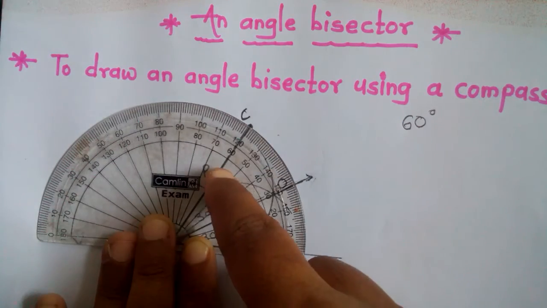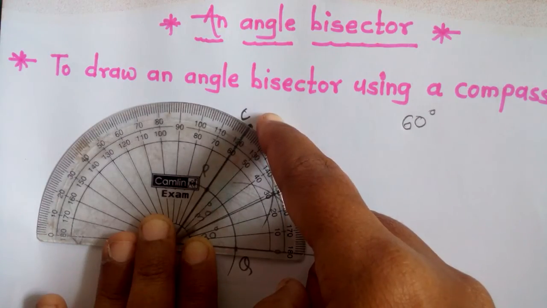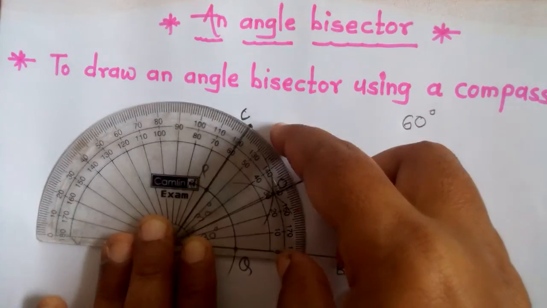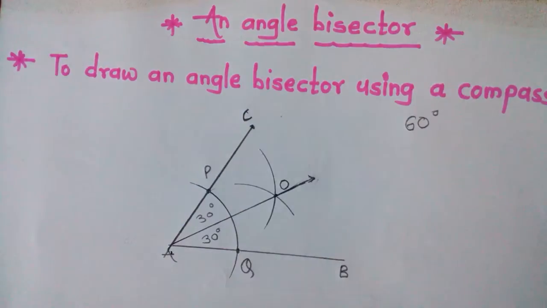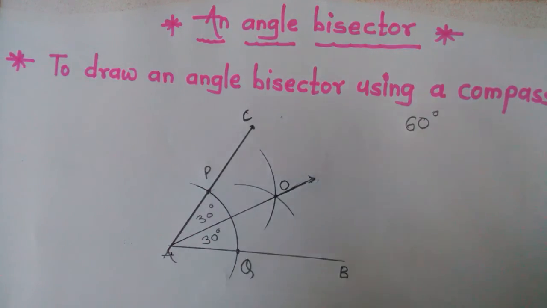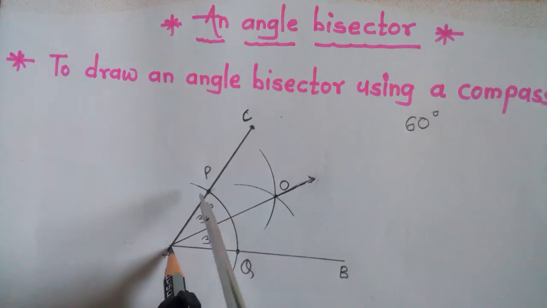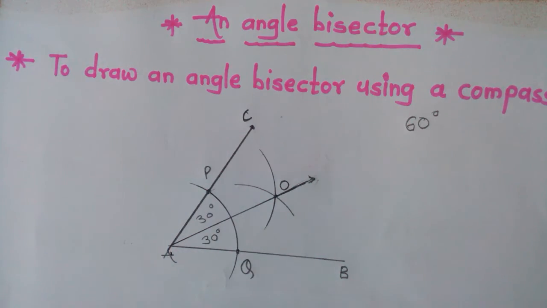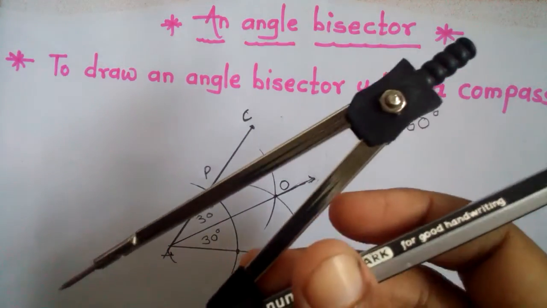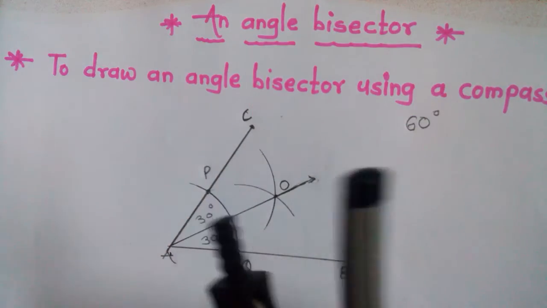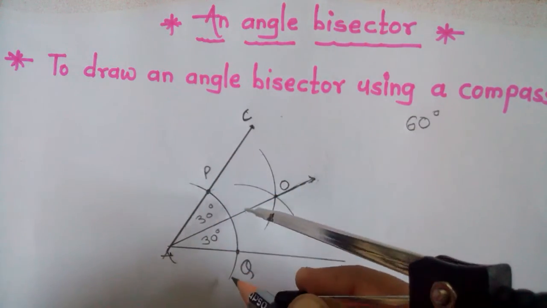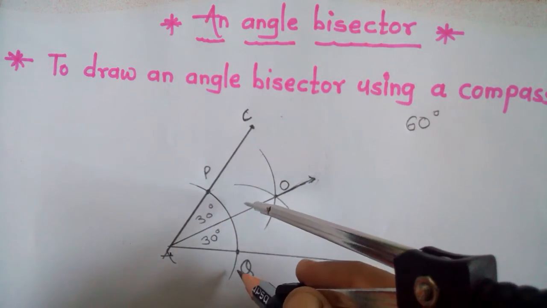Here I took 60 degrees. Then when we have marked that angle, you have to join it with this point. Then take a convenient distance in the compass and draw this first arc.